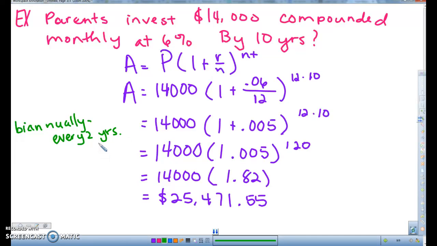So if I said I compounded my money biannually for 14 years, I'm only compounding 7 times during those 14 years. Versus semi-annually is twice a year.